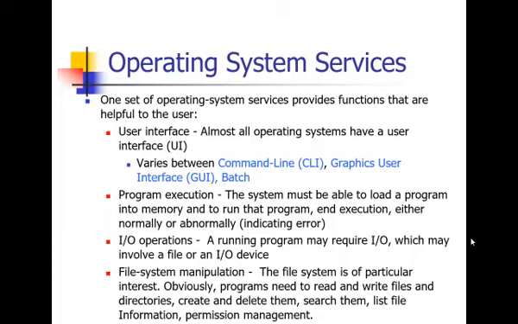Another service is input-output operations. There are a lot of input-output devices which are connected to the computer system. All these are managed by the operating system. How these devices are managed and how the devices are being used are services provided by the operating system in IO operations. Then file system manipulation.